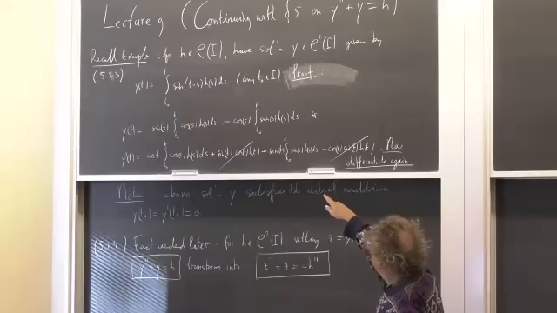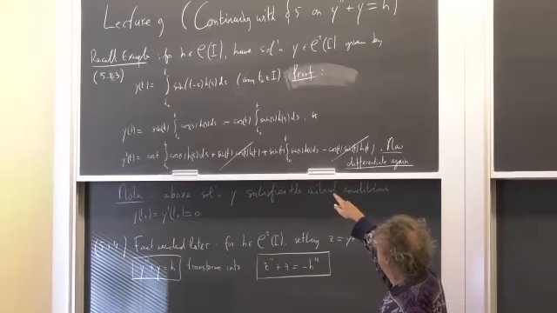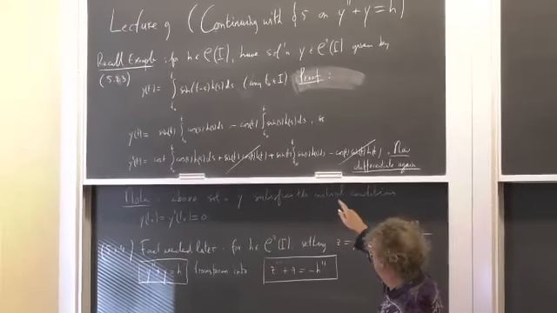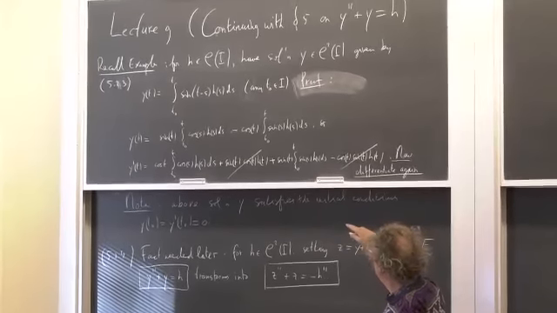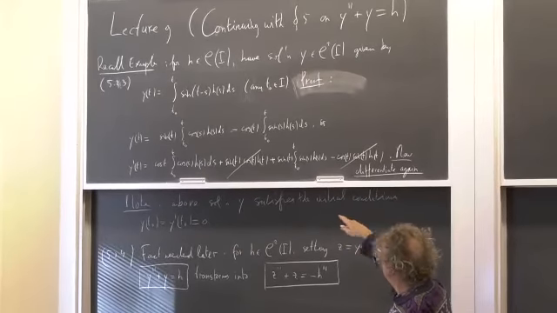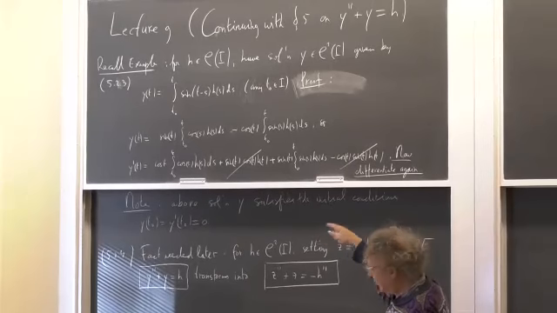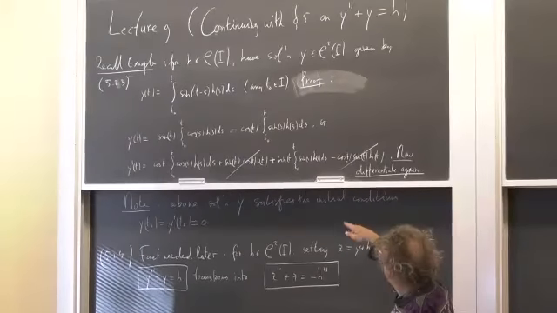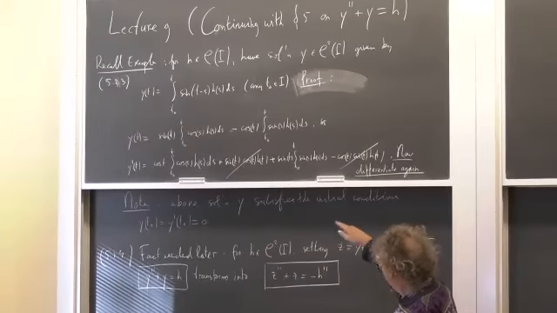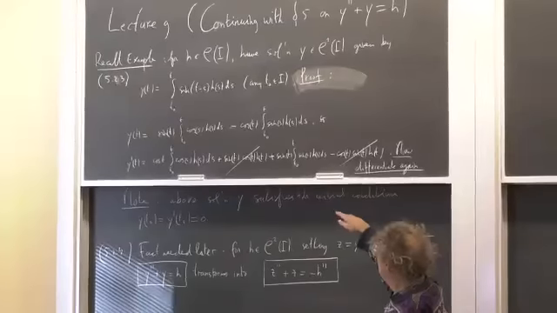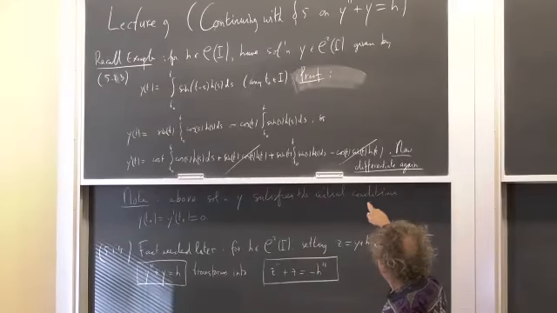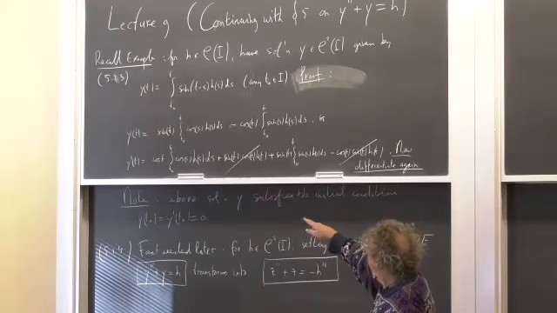Okay, so the thing is you write sine of t minus s as sine t cosine s minus cosine t sine s, and then you can put sine t and cosine t outside of the integral because the integration is with respect to s, and then you can explicitly differentiate.